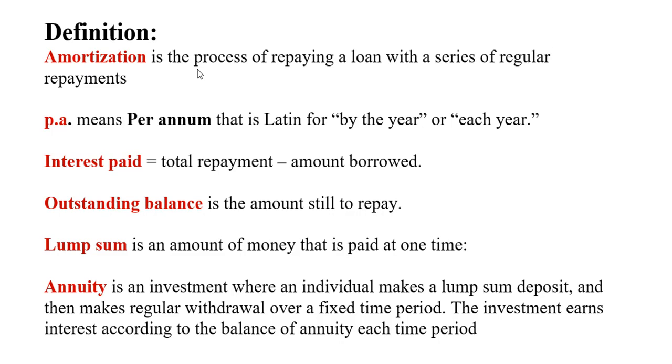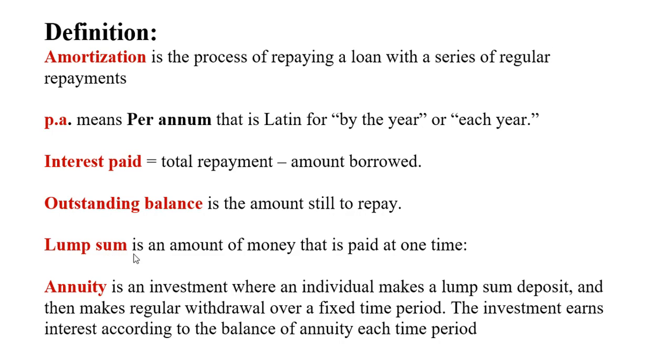Amortization is the process of repaying a loan with a series of regular repayments. PA means by the year or each year. Interest paid equals total repayment minus amount borrowed. Outstanding balance is the amount still to repay.